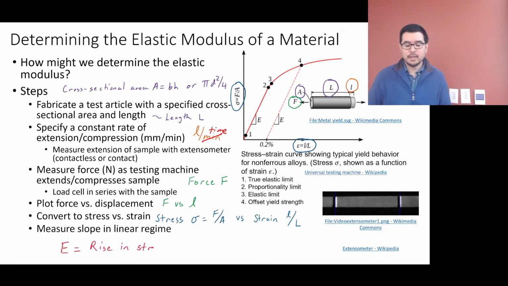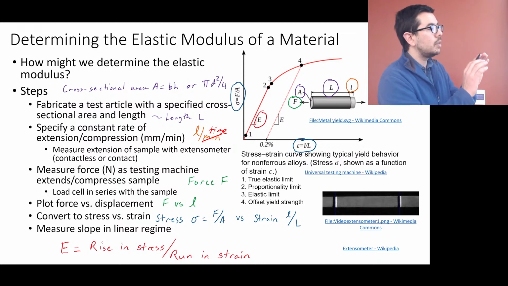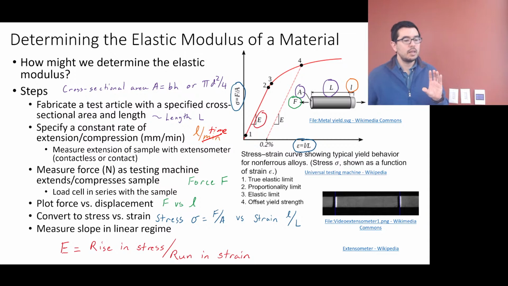And then, what do we do to figure out the elastic modulus? The elastic modulus is the slope in the linear region. We said that sigma is equal to E times epsilon, and that applies here.